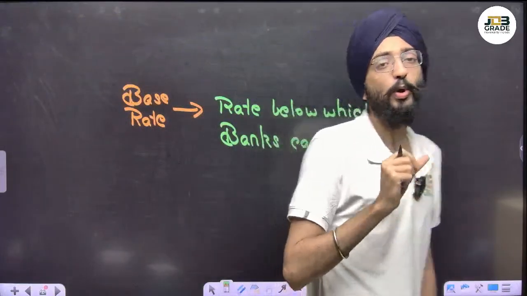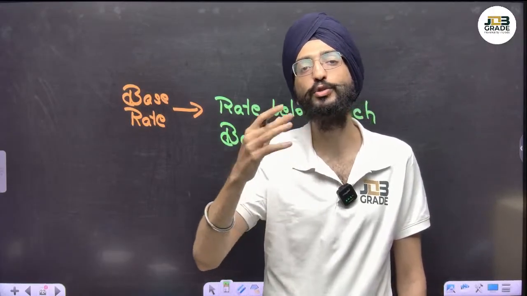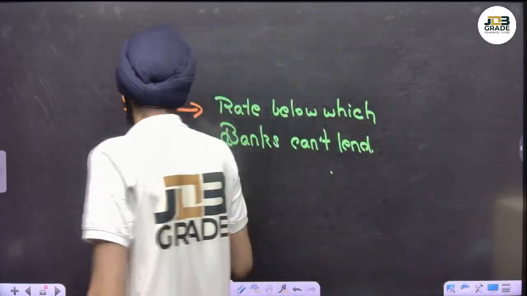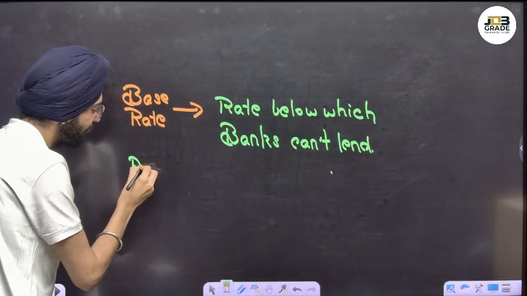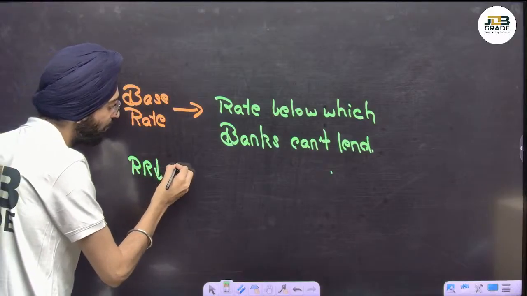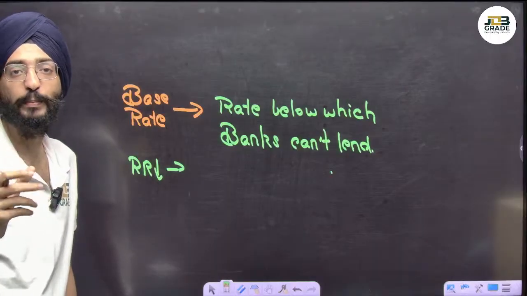Now, you need to know how the repo rate leads to transmission. I would just give a brief over this. If the repo rate is lower, it means the bank will get credit from RBI at a lower rate of interest, so it will lend more.